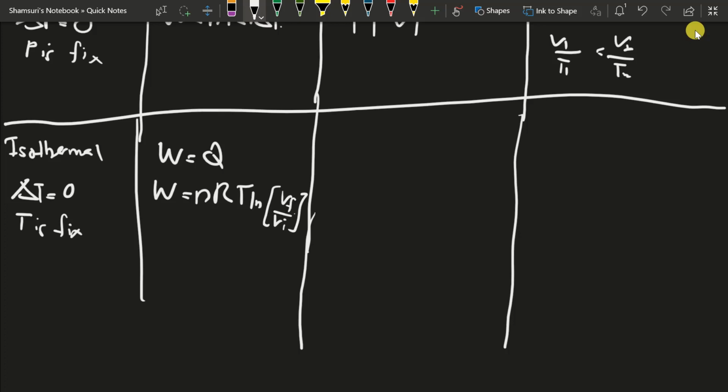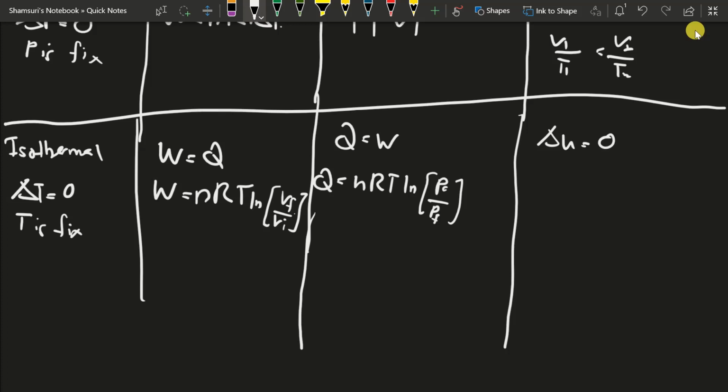Also Q is equal to W, or Q is equal to n R T ln of P initial over P final. Okay, and then delta U is equal to 0.